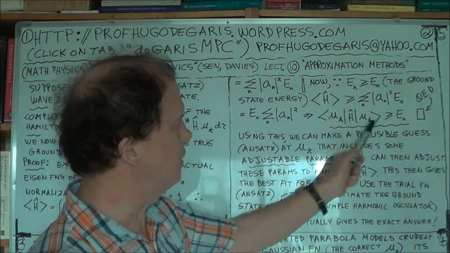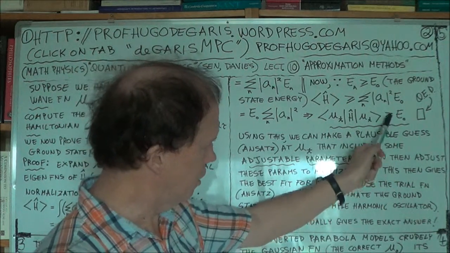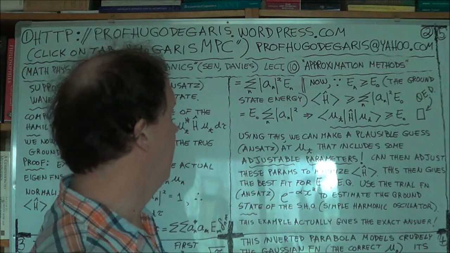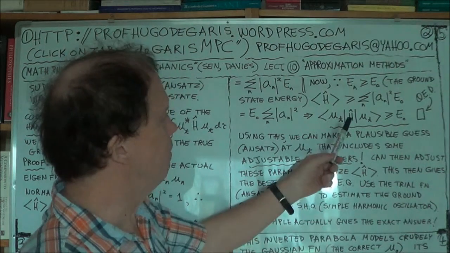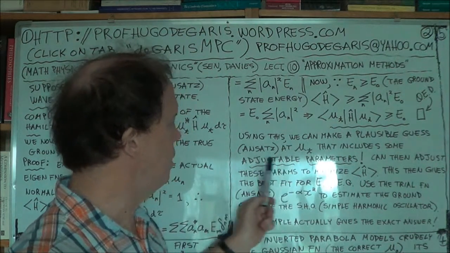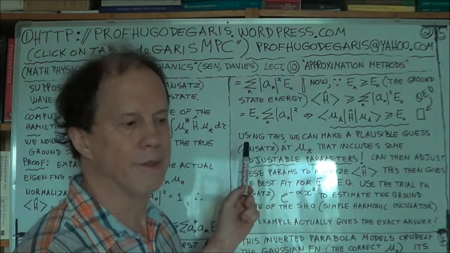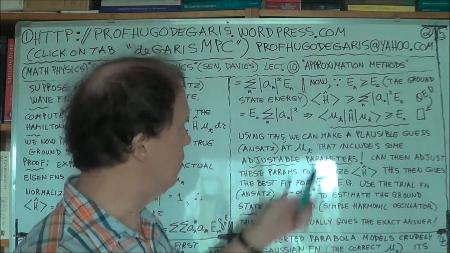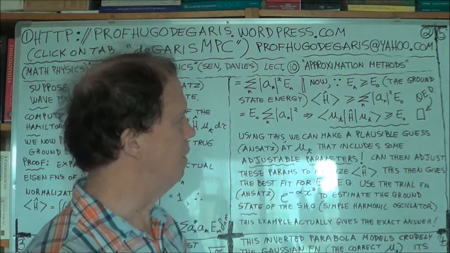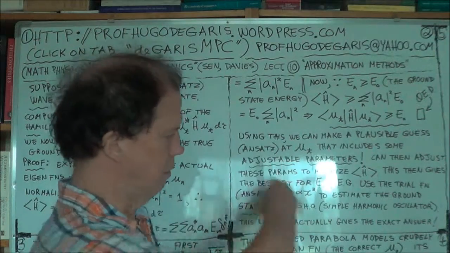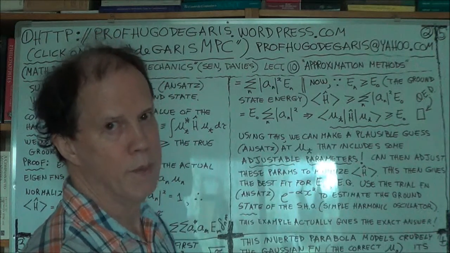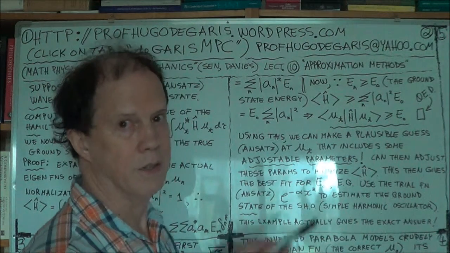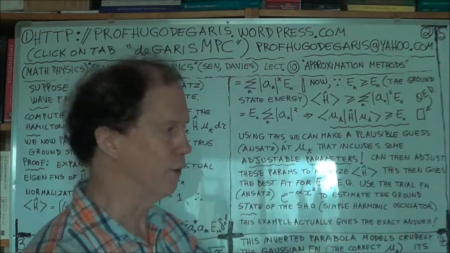So whatever your trial function is, it's going to be greater or equal to E0, right? We proved that. That's a mathematical proof. Okay, so this parameter is adjustable. You can tune it in the sense of you can differentiate it such that this expectation value takes a minimum value, like maximum minima theory that you did in high school calculus, right? When the gradient is 0, that kind of high school stuff, easy. All right.